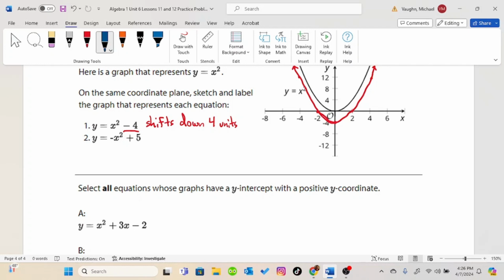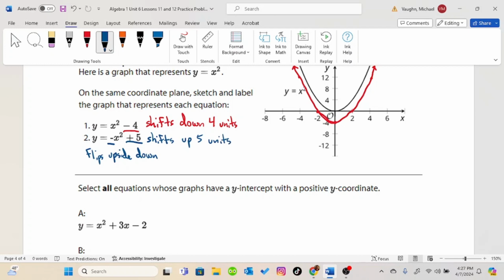Number 2, we have the negative, which flips upside down, and we have the plus 5, which shifts up 5 units.